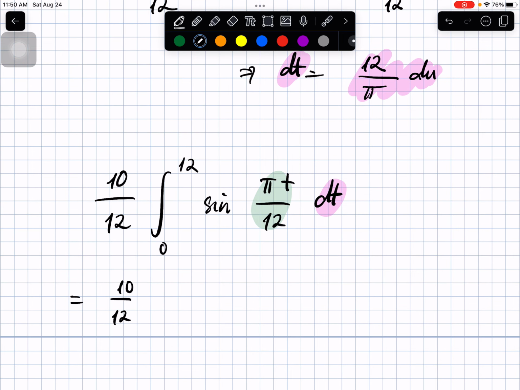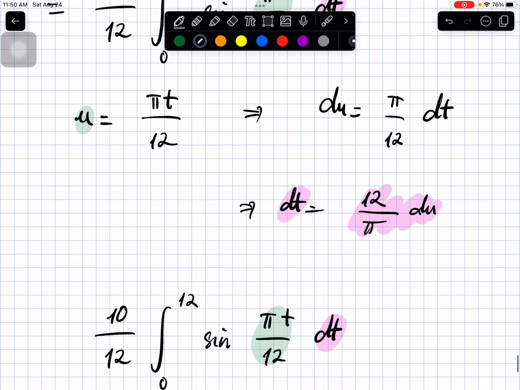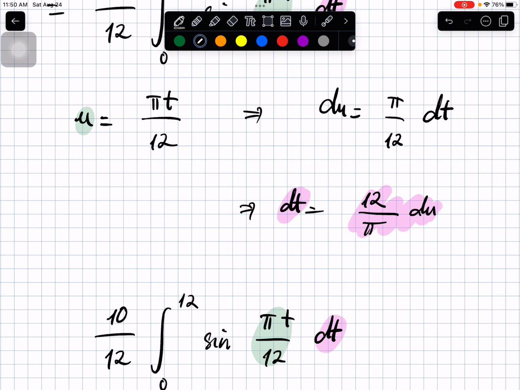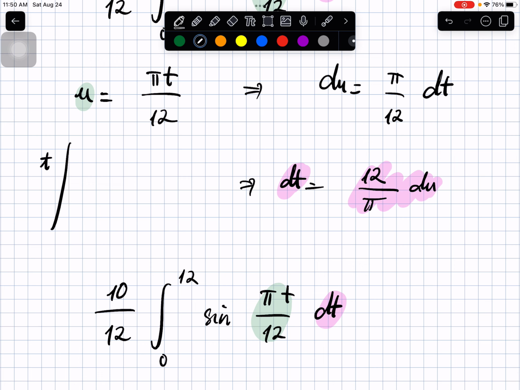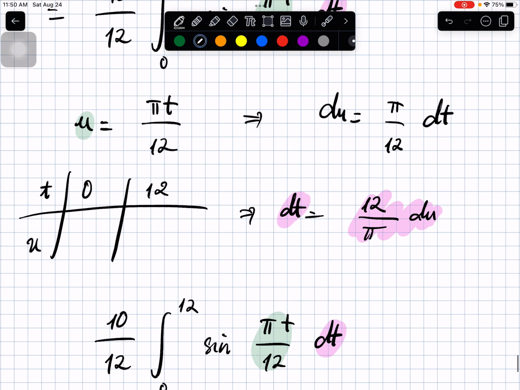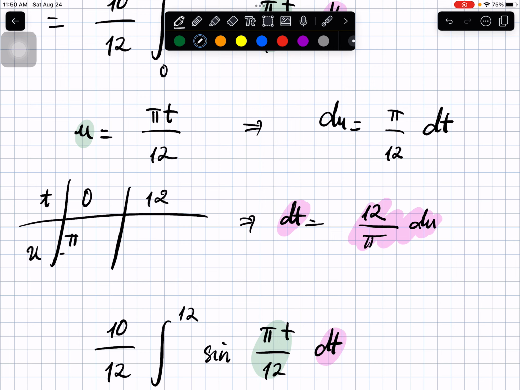So this integral is 10 over 12 times. Okay, let's compute the boundaries. We have t from 0 to 12, right? Therefore u is from pi over 12 times 0, which is 0, to pi over 12 times 12, which is pi.